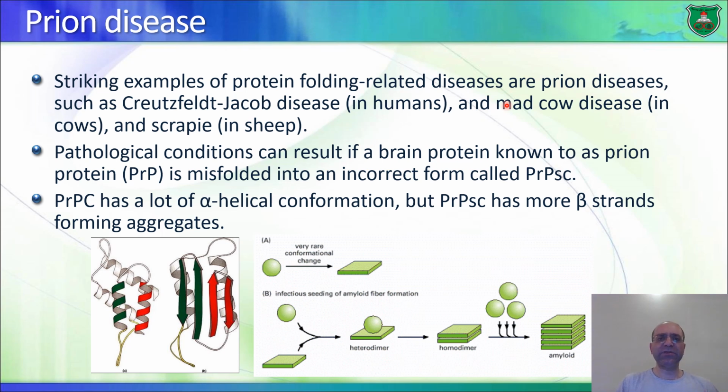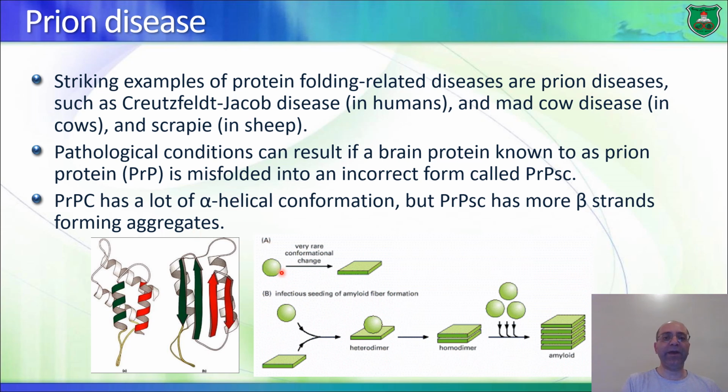That was something really new to scientists in the 60s when they first discovered it, and there was a lot of argument and resistance against the idea that proteins can be infectious. But scientists discovered that there was a protein known as the prion protein, and this protein can be misfolded into an incorrect form, known as PrPSc, which results in the aggregation of proteins.